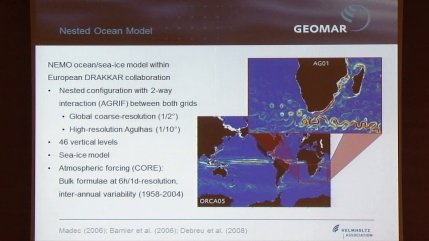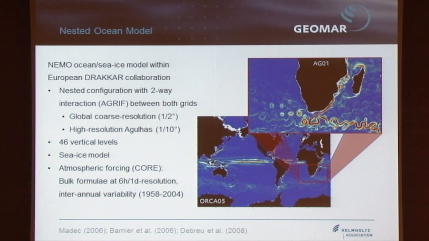So we basically use the combination of a high resolution nest, tenths of a degree of resolution, that is sufficient to resolve all the nonlinearities, or let's say the most important nonlinearities in the area, and a global model at coarser resolution. And these models are able to interact at all timescales, basically at every time step.